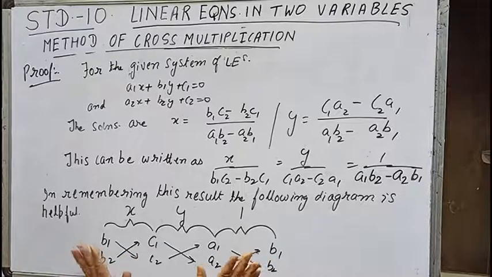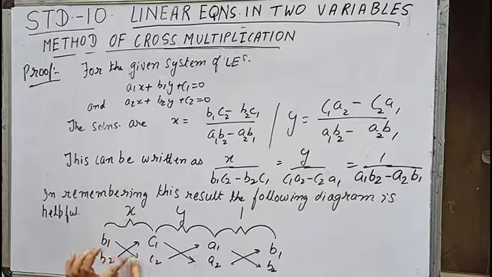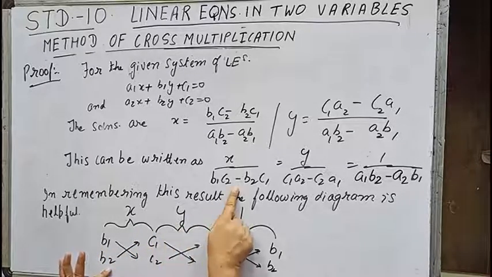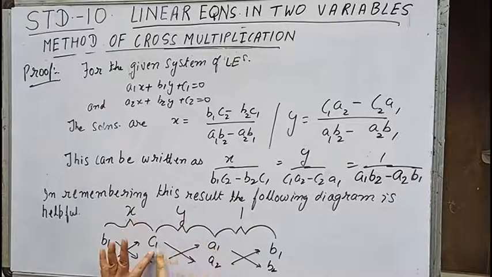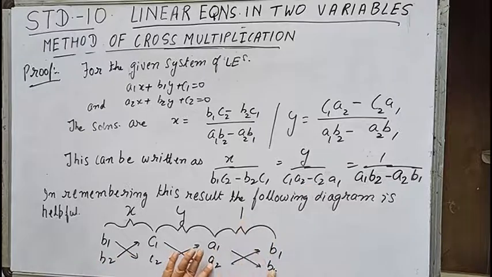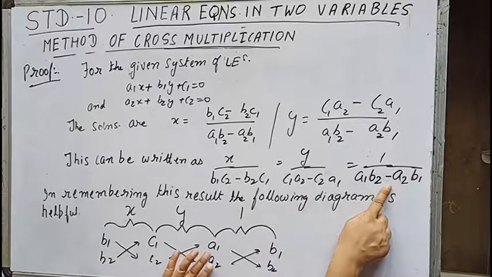So the method of cross multiplication is, actually we will be making the product of this downward arrow and subtracting the product of this upward arrow. So this will become x divided by b1 c2 minus of b2 c1, this one, equals y divided by c1 a2 minus c2 a1, this one, equals 1 divided by a1 b2 minus of a2 b1, this one.